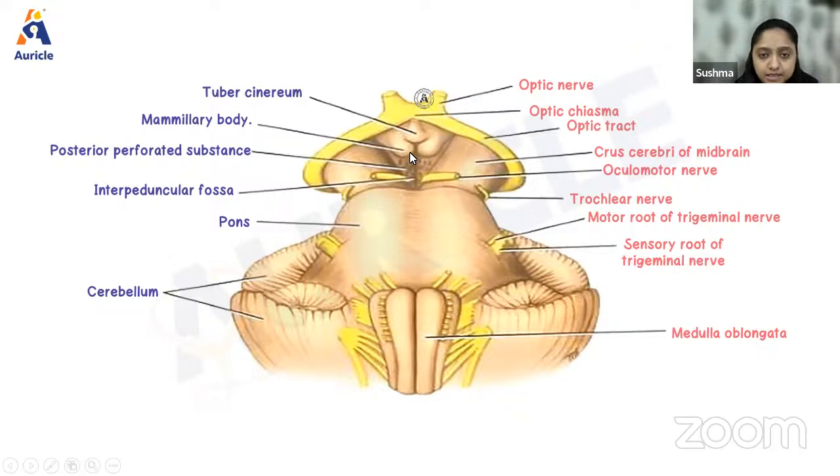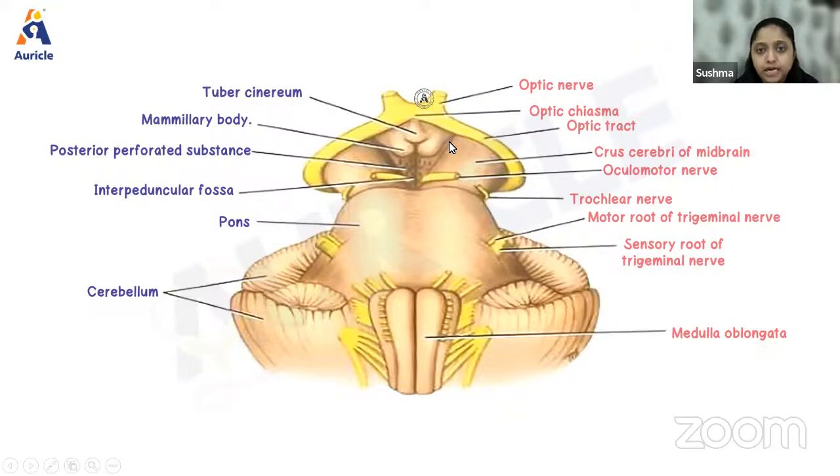These eminences, these projections, are the mammillary body. The mammillary body is a structure of the limbic system in which the fibers from the fornix enter into the white matter, which we'll be studying in our later classes. We'll be dealing with the limbic system and the Papez circuit as well.